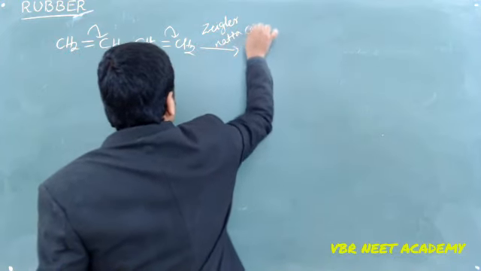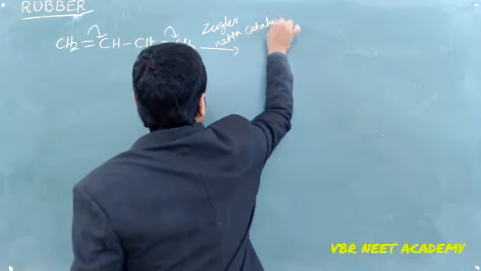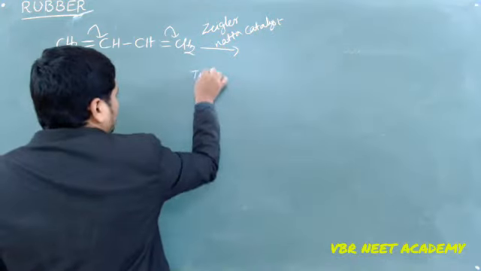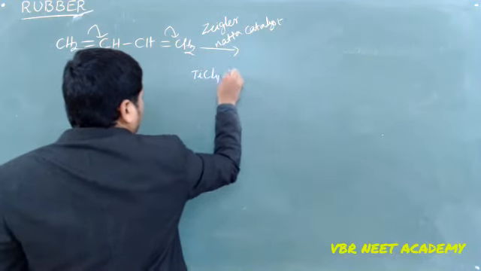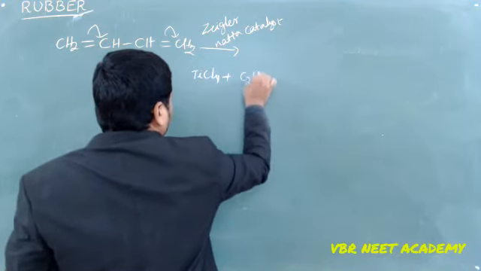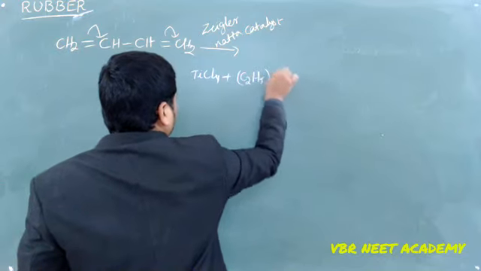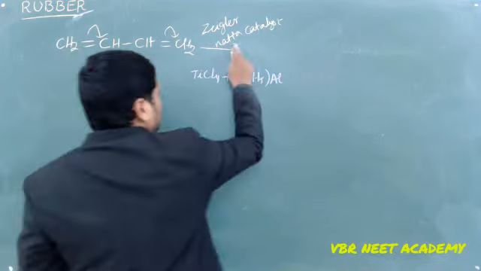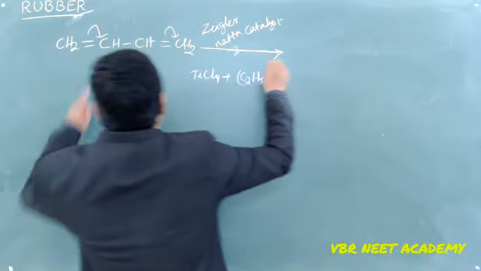What is Ziegler-Natta catalyst? Titanium tetrachloride plus triethyl aluminium is going to be called Ziegler-Natta catalyst. In presence of Ziegler-Natta catalyst, we are going to take the polymerization.